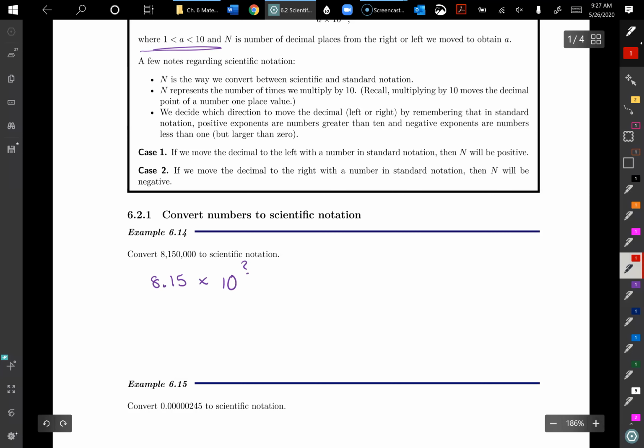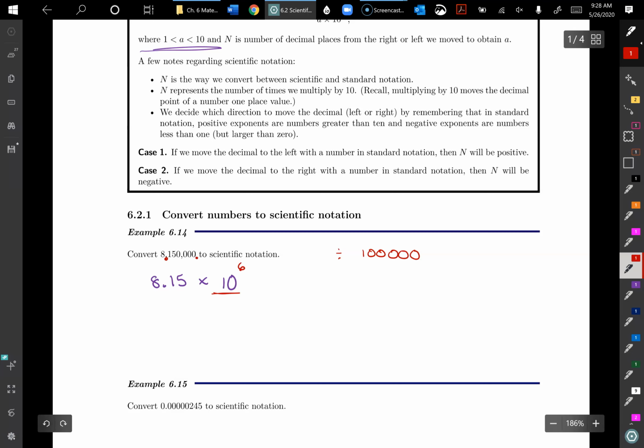So if there's no decimal point showing in a number, it's understood to be at the end. And in order to get this decimal point way over here, I would have to move left, or really what I'm doing is dividing the number 1, 2, 3, 4, 5, 6 places left by multiplying by a factor of 10 to the 6th.